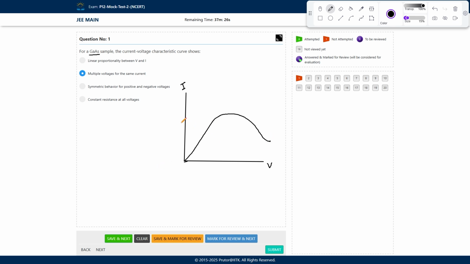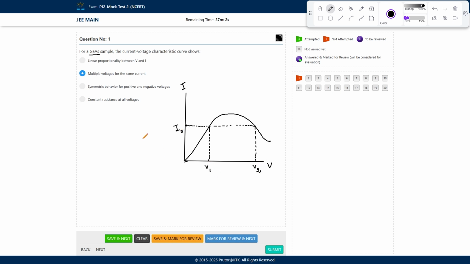For a particular value of current there are multiple voltages, two voltages corresponding to a particular value of current. So for I0 there are two values, V1 and V2.